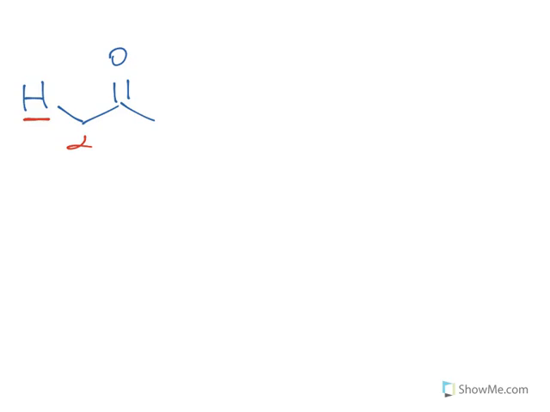Generally, we think of ketones as having pKa values around 19. So it's less acidic than water, but somewhat acidic for a carbon acid. You don't typically see too many carbon acids, and this just happens to be one of them.